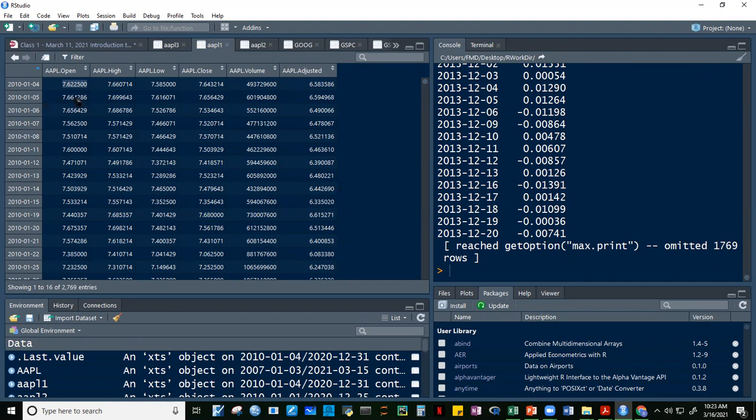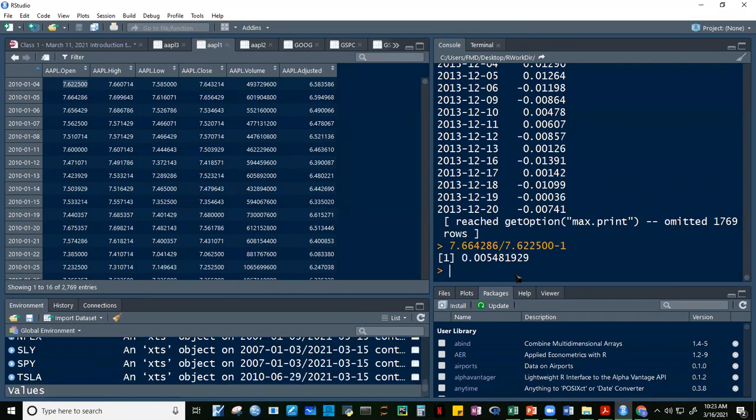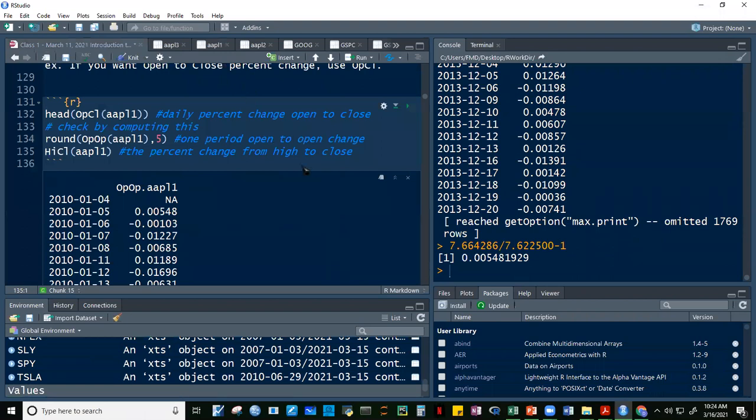Open of January 5, divided by open of January 4. I'll copy this. Open of January 5 divided by open of January 4, minus 1. So let's divide that. We get 0.00548, which is what we got here. 0.00548. Okay?